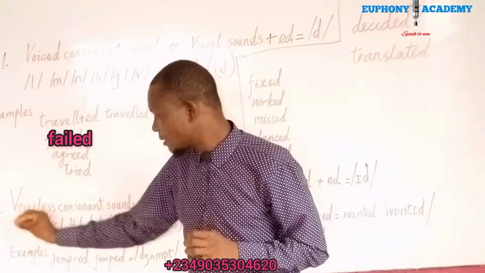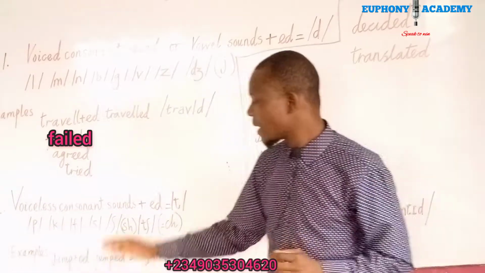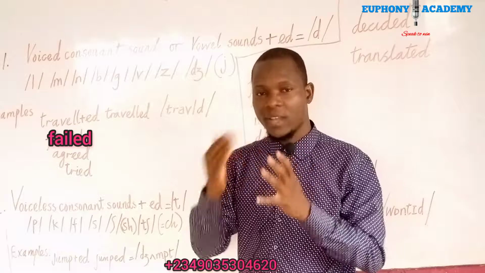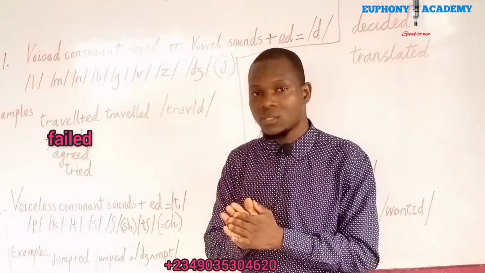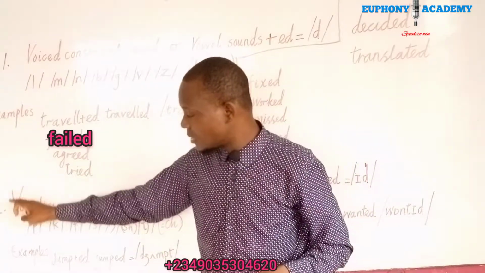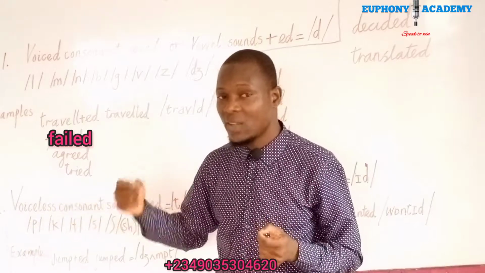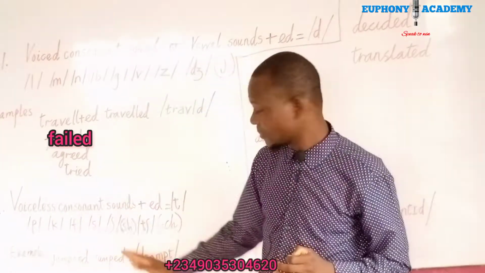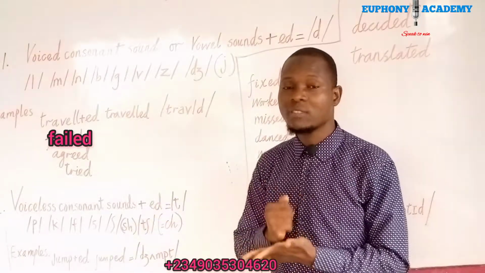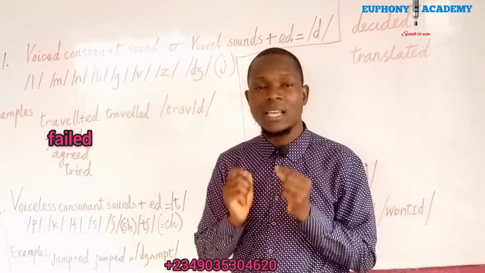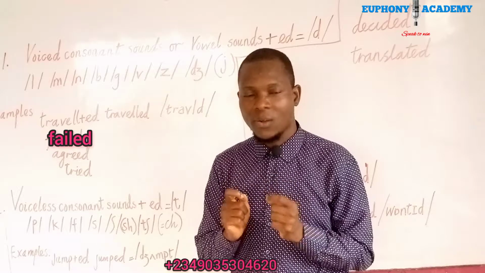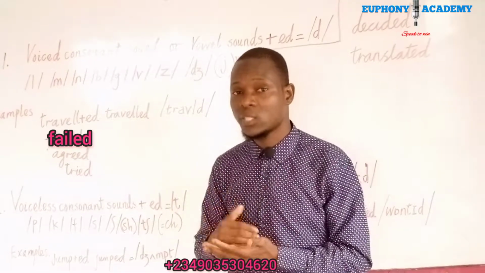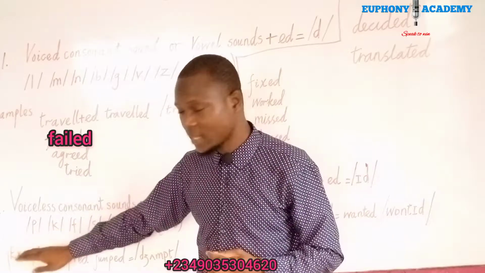Whenever you have a voiceless consonant plus ed, so when the verb ends with a voiceless consonant sound plus ed, you have to pronounce the ed as t. All right, so let's listen to the pronunciation of the voiceless consonant sounds.